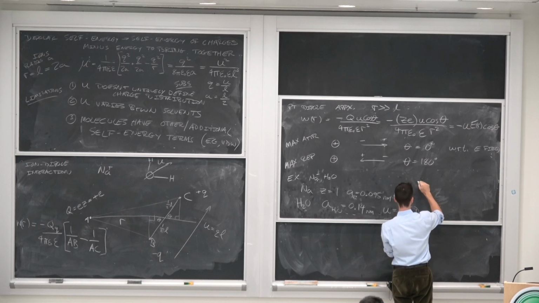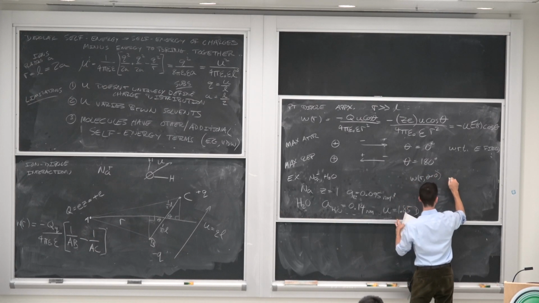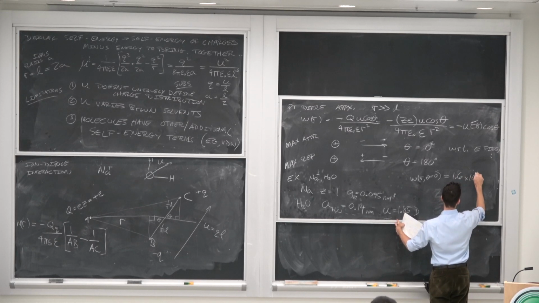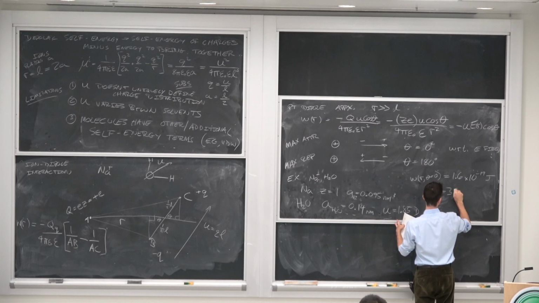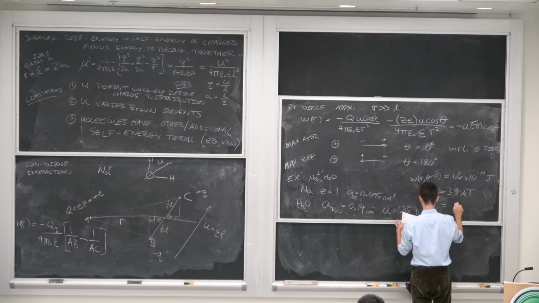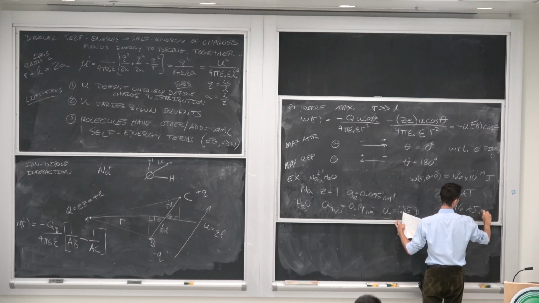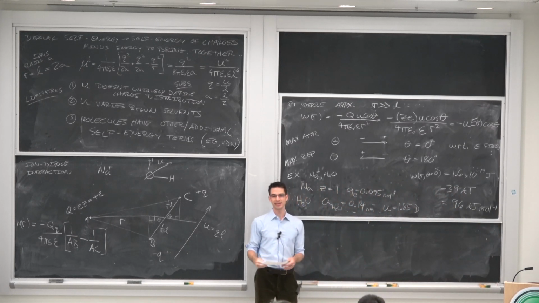So in the perfectly aligned case where W of R theta equals 0, it equals 1.6 times 10 to the minus 19 joules, or 39 kT, or 96 kilojoules per mole.